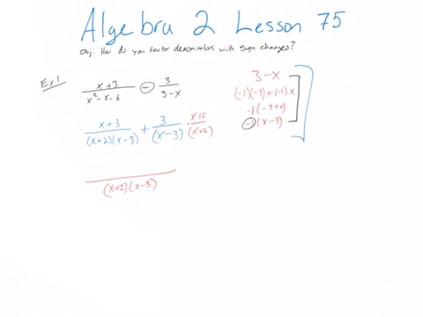On the top I'll have an x plus 3, and this is going to be 3x plus 6. Then combining like terms in that numerator, I'm going to have 4x plus 9 over x plus 2, x minus 3.